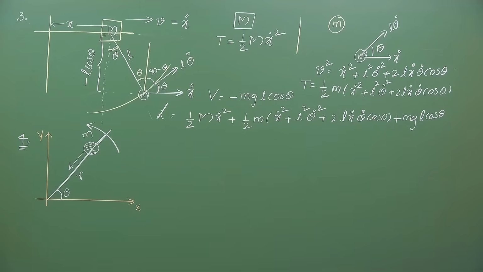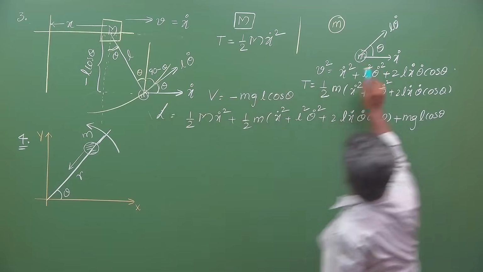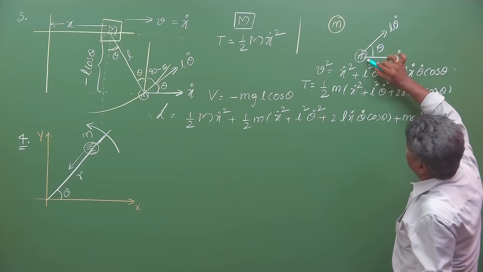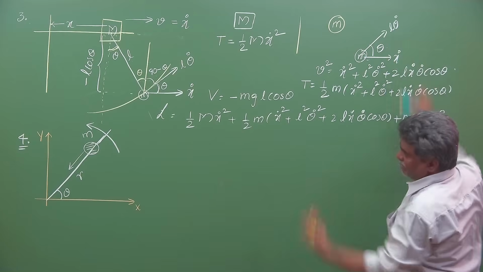You have to observe the motion, take the particle m and represent the velocity. See, I have taken m again, it's moving horizontally and it has a tangential speed. Again I represented the diagram, then it is very easy to understand. So theta is the angle.